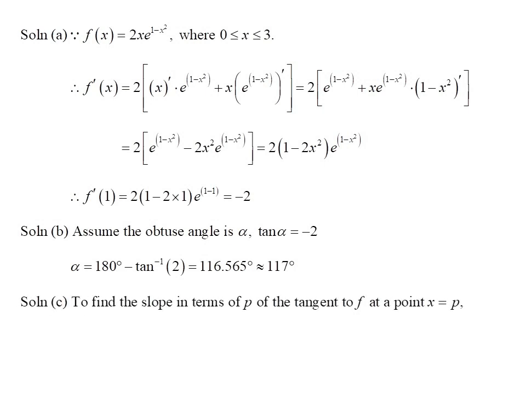In order to find the slope at the point x equals p in part C, since f prime of x equals 2 multiplied by (1 minus 2x squared), multiplied by e to the result of 1 minus x squared, as we have found in part A, f prime of p equals 2 multiplied by (1 minus 2p squared), multiplied by e to the result of 1 minus p squared.